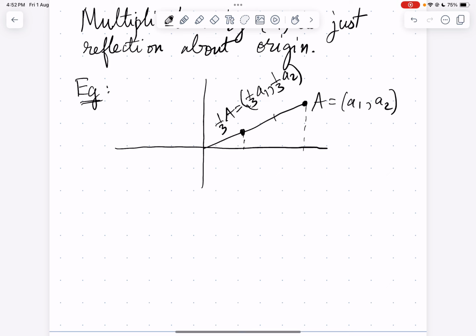Note that the distance has also become 1/3: the square root of (1/3 a1)^2 plus (1/3 a2)^2 is just 1/3 times the square root of a1^2 plus a2^2. So the distance from the origin has become 1/3.